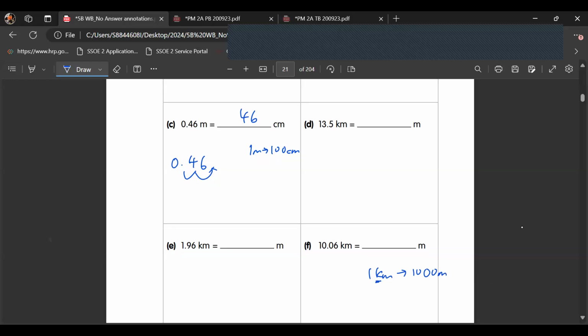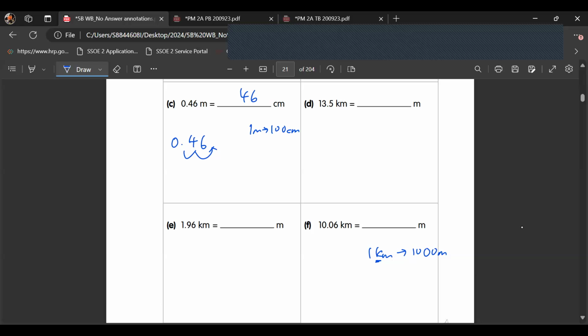So I will remind you, kilometers means 1,000, kilo. And then meters, centimeters come from the word century. So 10.06 kilometers times 1,000, 1, 2, and 3 will be 10,060 meters.